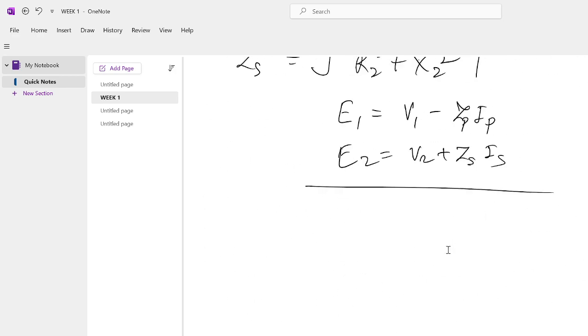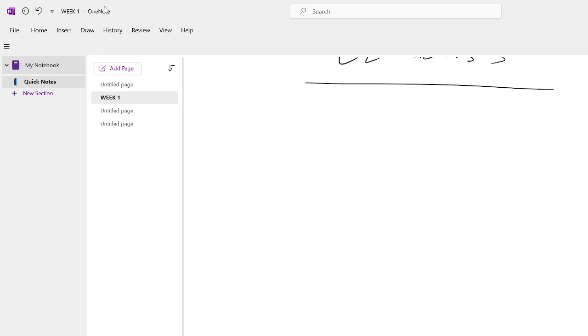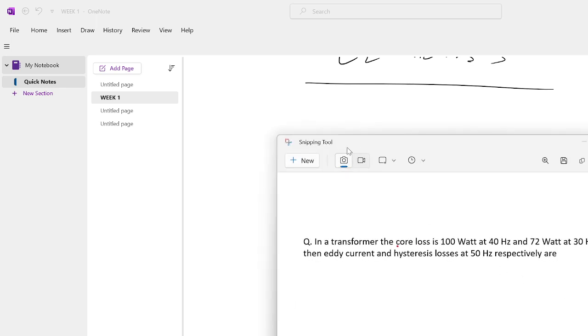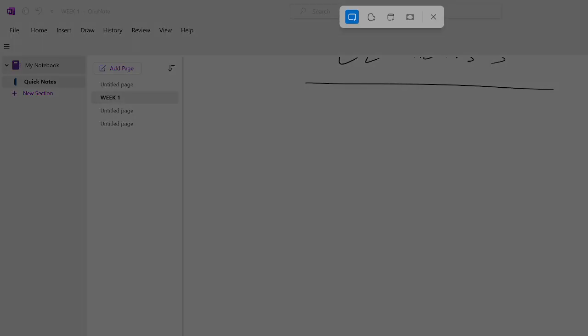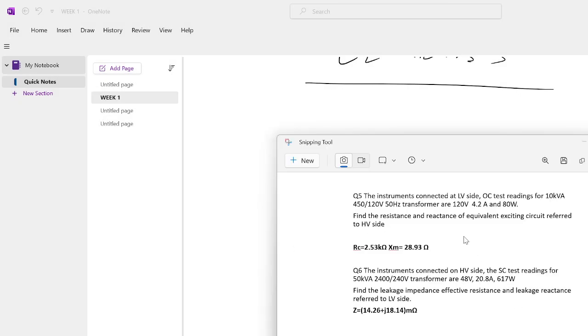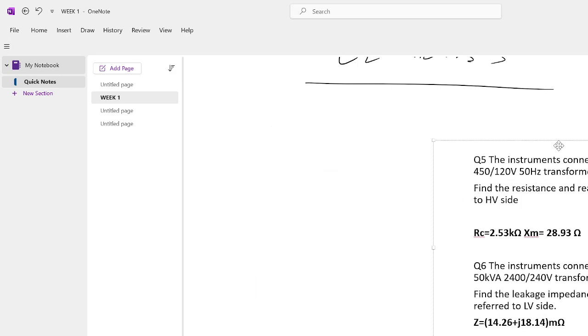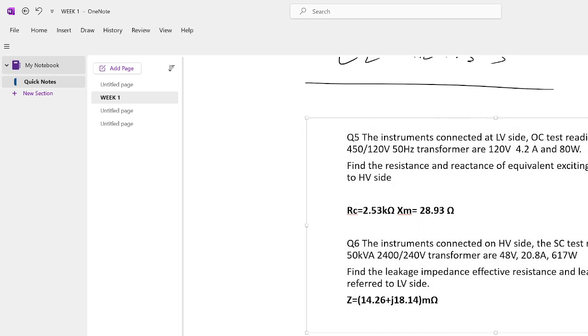One more doubt, sir. If there is a situation where we have to calculate the transformation ratio for a simple step down transformer, how do we calculate it, using N1 upon N2 or NHV upon NLV?